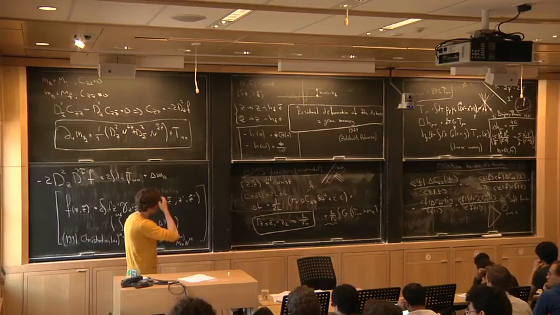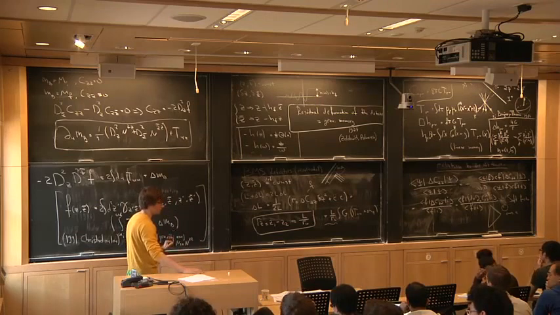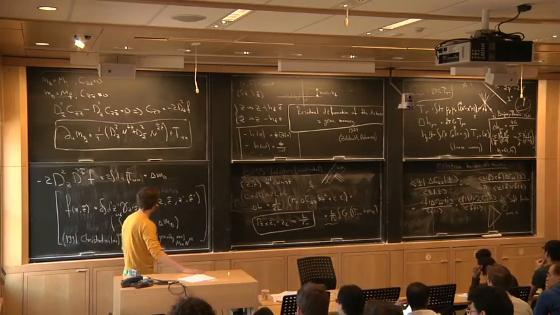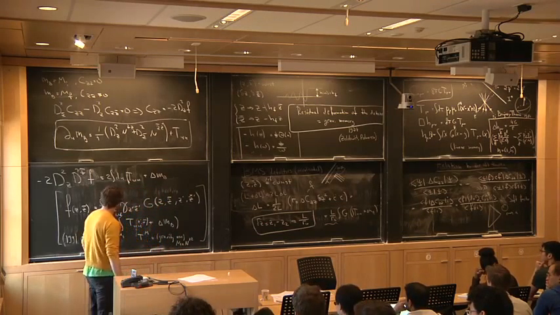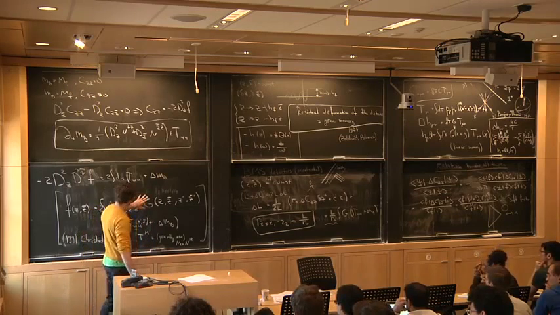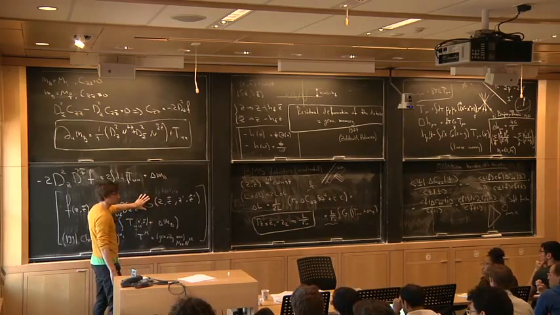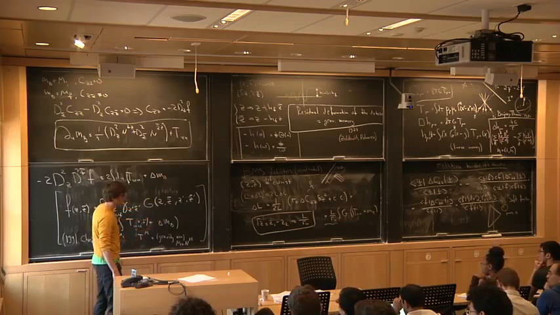An important point is that it is truly an infrared effect, by which I mean that to compute the memory at one point on the sphere, you really have to integrate over the whole sphere.